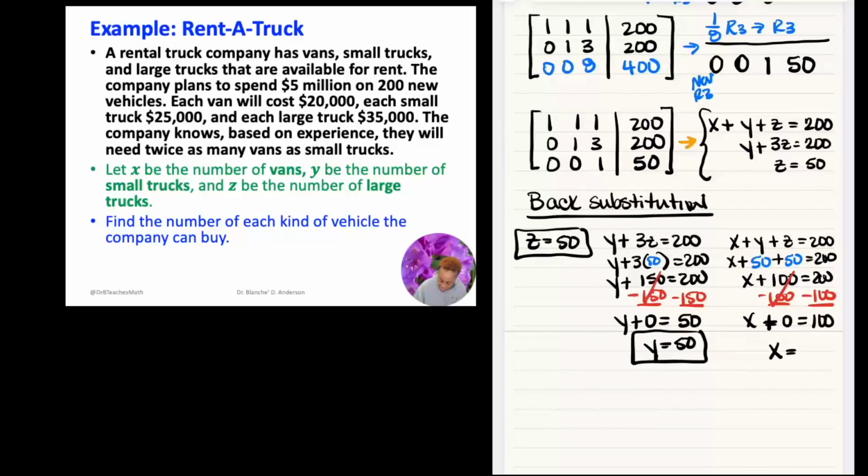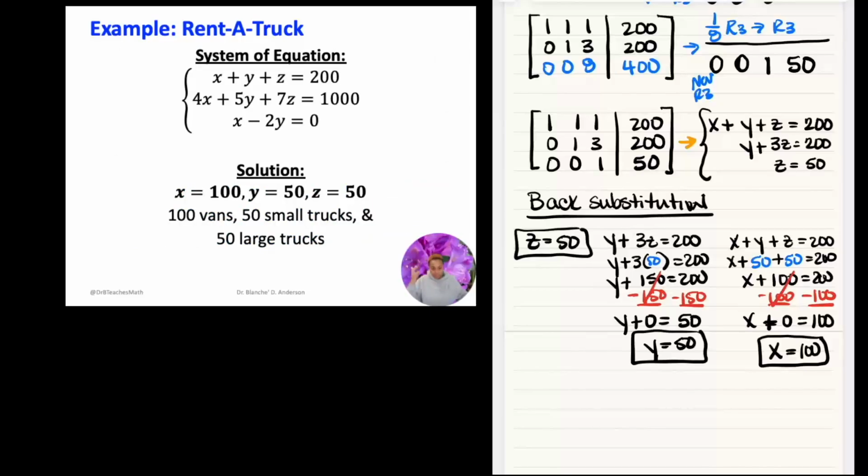So x plus 0 equals 100, and so x equals 100. Woo! That's right. So 100 vans, 50 small trucks, and 50 large trucks, which makes sense because remember they said they need twice as many vans as small trucks. So if they had 50 small trucks, they're going to need 100 vans, 2 times 50. So we know we did that part right. All right.